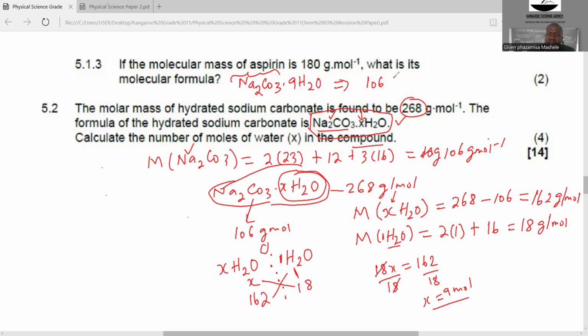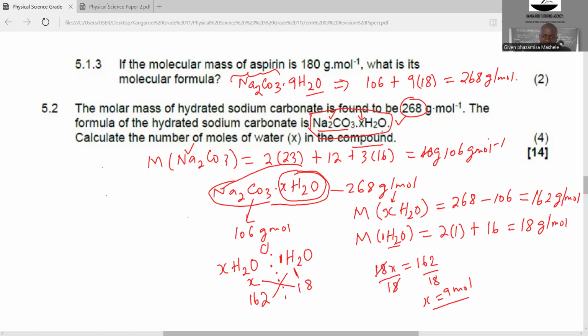Then we add 9 multiplied by the molar mass of water, which is 18. So we have 106 plus 9 into 18, which gives us a molar mass of 268 grams per mole. I believe you are following, guys.